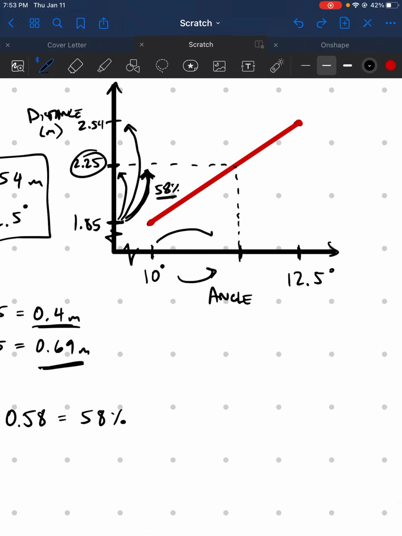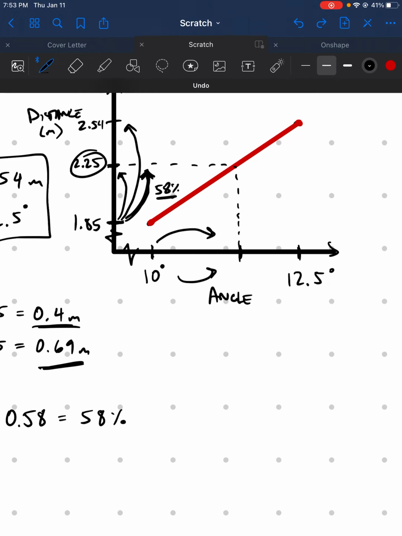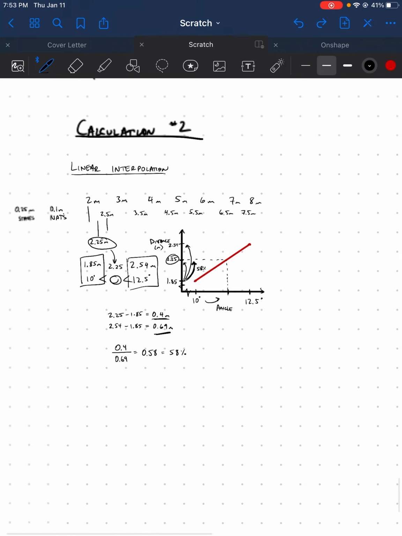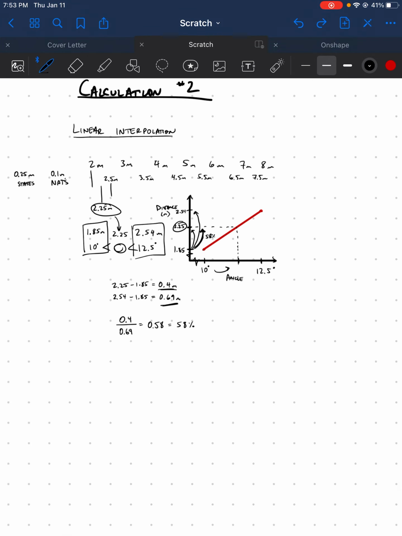So we're going to calculate how much 58% is of this gap. Our gap here is 12.5 degrees minus 10 degrees, which is 2.5 degrees, and we want to find 58% of 2.5 degrees.